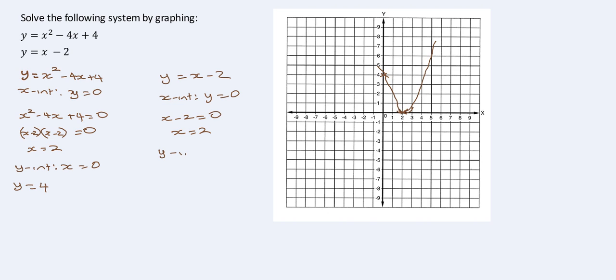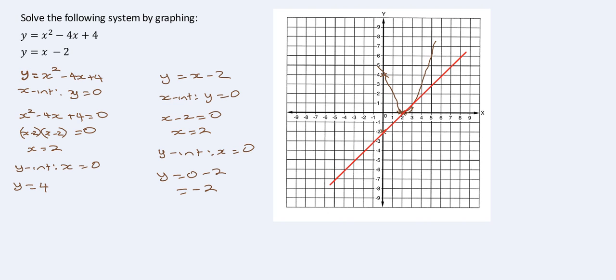And at the y-intercept, x equals 0, so y is 0 minus 2, which is negative 2. Okay, now we're going to draw our line graph through x equals 2 and y equals negative 2.